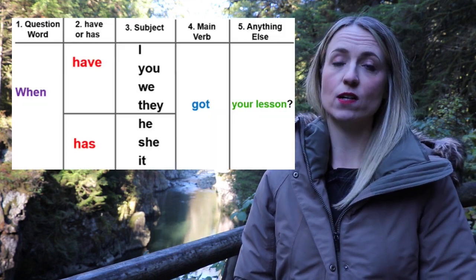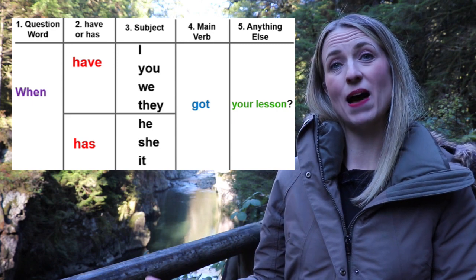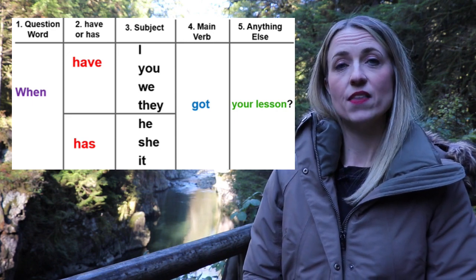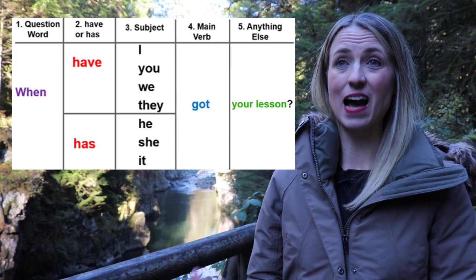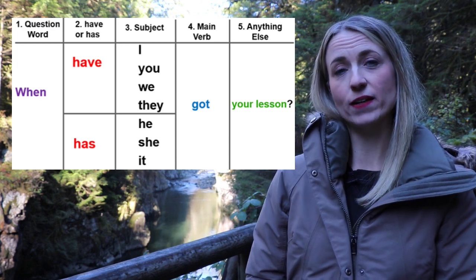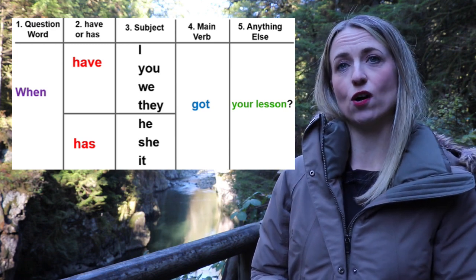Let's now have a look at how we form questions using a question word, but this time have and got. This time our auxiliary verb is have, and we use got as our main or base verb. Take a look at my chart.